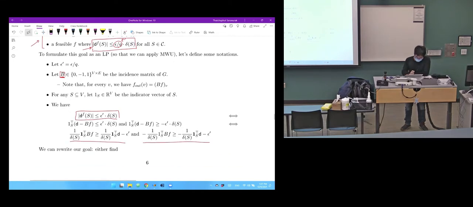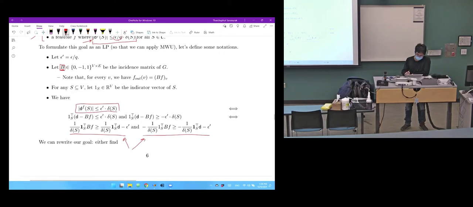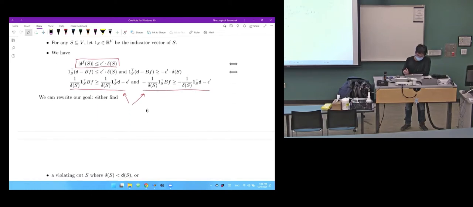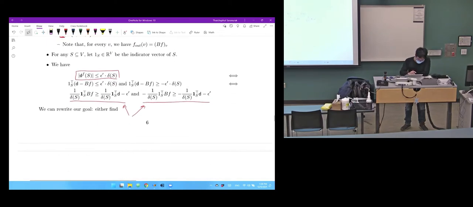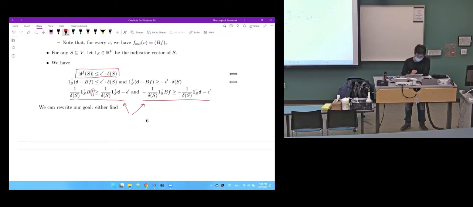Okay, and this is just some linear constraint now. Right? The variable is just f, and this is just some coefficient, and everything here is fixed. Yeah.